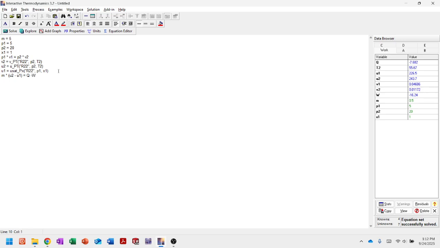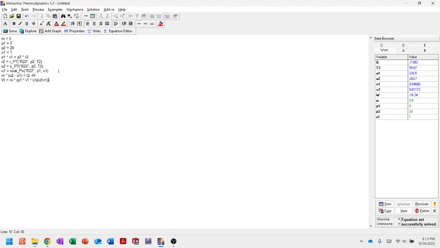And our work here will be our mass times, this is a polytropic process with n is 1, so we have the P1 times V1 times natural log. And in Interactive Thermo, we need to have Ln as capital, and we take V2 over V1.